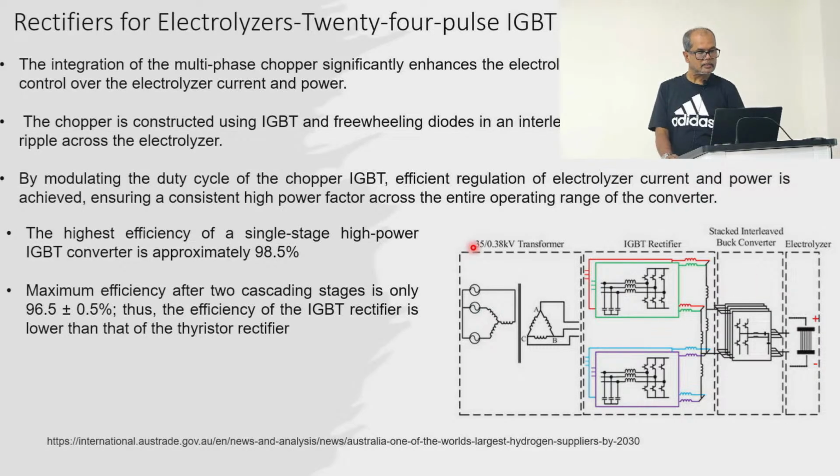The efficiency compared to that one is slightly less, because you have a DC to DC converter. So with that, efficiency is more than 98%. But when you do the combined efficiency, it would be around 96, 97%.